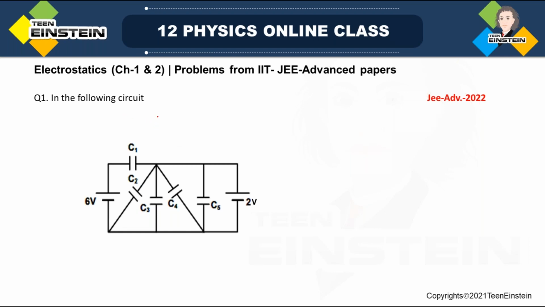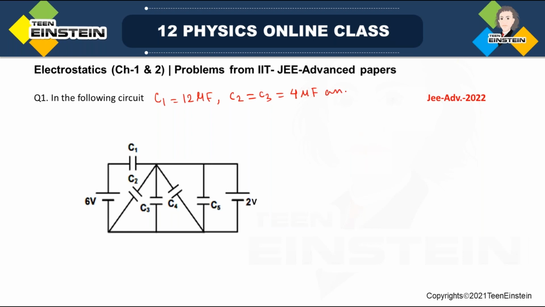So let me first write the question. It is half written. The value of the capacitance C1 is 12 microfarad. C2 and C3 have equal capacitance, and that is 4 microfarad.